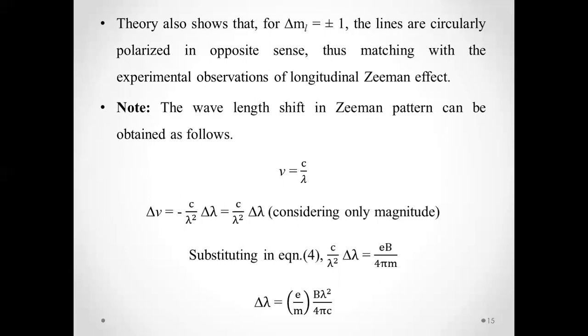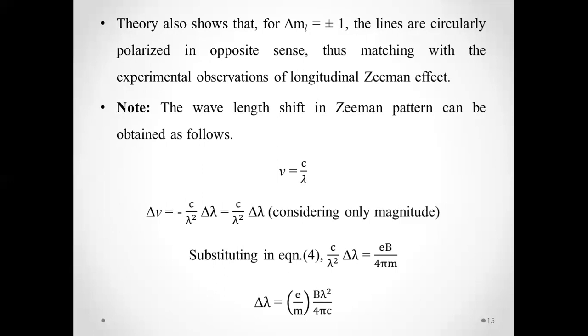Now here we can have a note that the wavelength shift in the Zeeman pattern can be obtained as follows. The frequency nu is equal to c by lambda, and by differentiating both sides, we get delta nu as equal to minus c by lambda square into delta lambda, which is equal to c by lambda square into delta lambda, considering only the magnitude aspect.